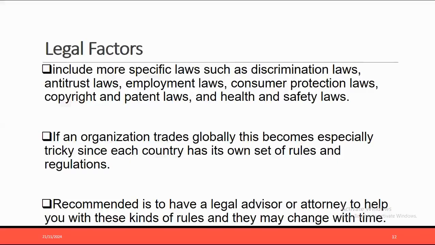It is therefore recommended that you have access to a legal advisor or someone who can provide guidance on these legal issues so that as a business, you don't get yourself in trouble. So whilst you are performing the environmental scan on legal issues, it is required that you get a legal advisor, okay?